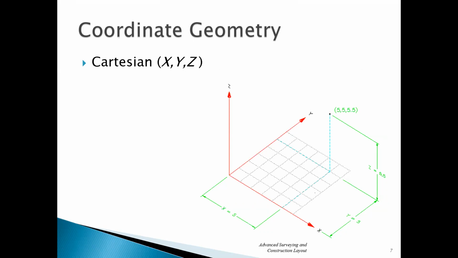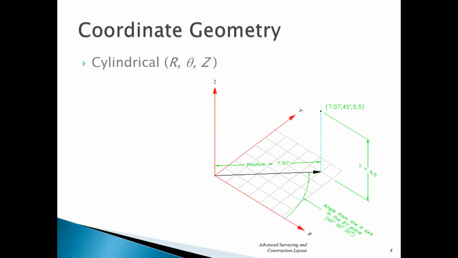If we look at that in a polar format, we have what is called a cylindrical coordinate. Notice your polar coordinate is down in the grid. You have a radius value and a theta angle. The radius is 7.07 and the angle is 45. That came from the 5, 5 for X and Y. And the Z is the same as it was in the other system.